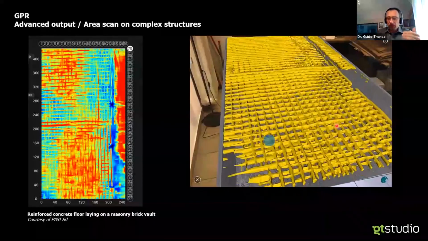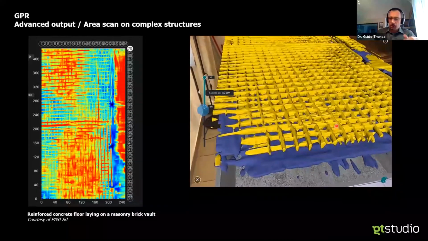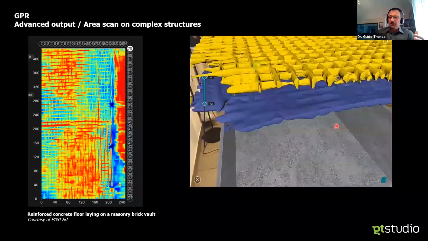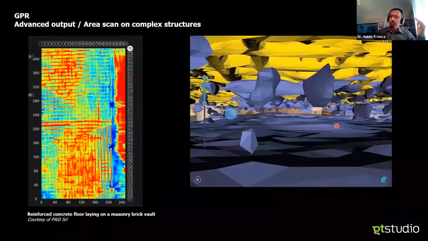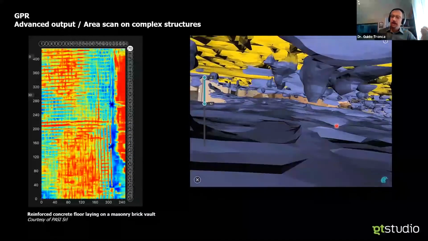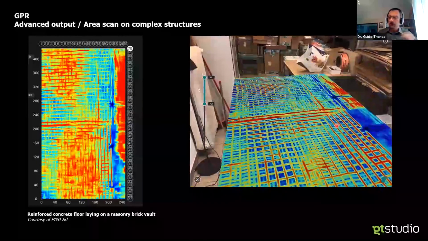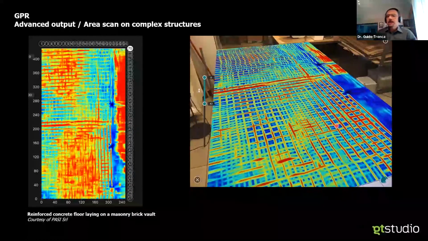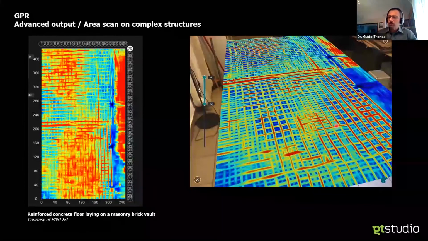And in this case, the owner of the construction could directly verify where there was the yellow upper metal reinforcement, and where the existing masonry walls and arches were in different parts of the building.